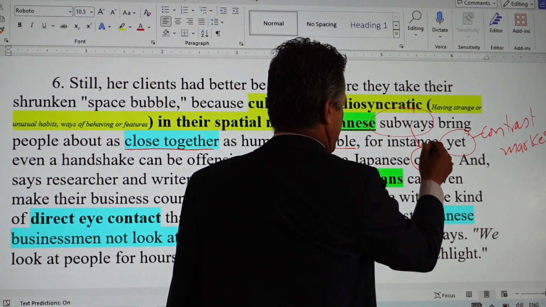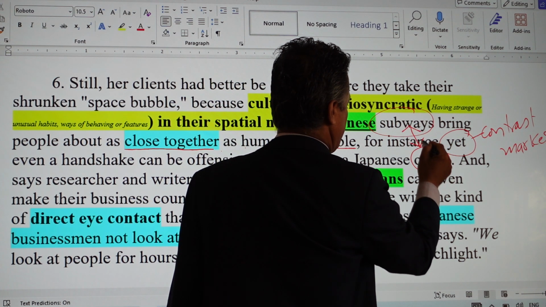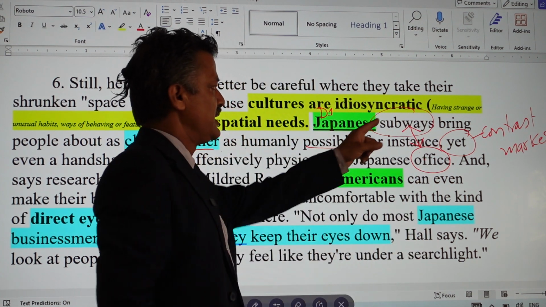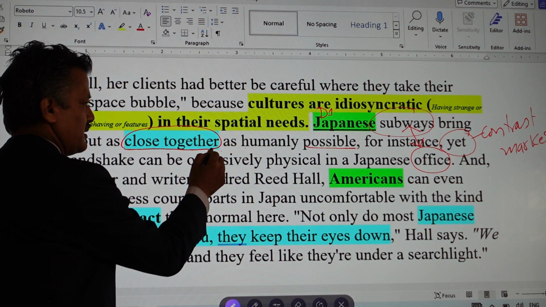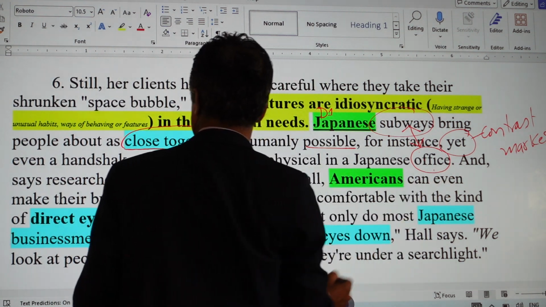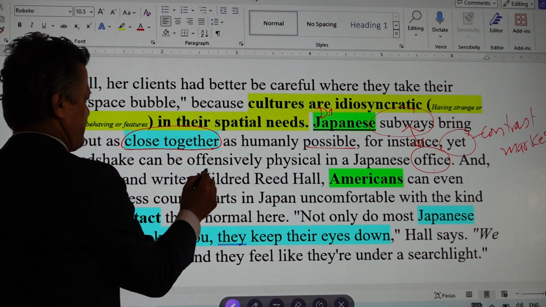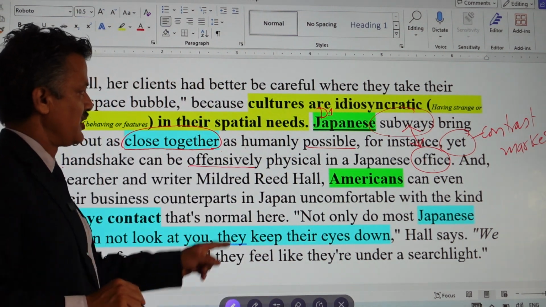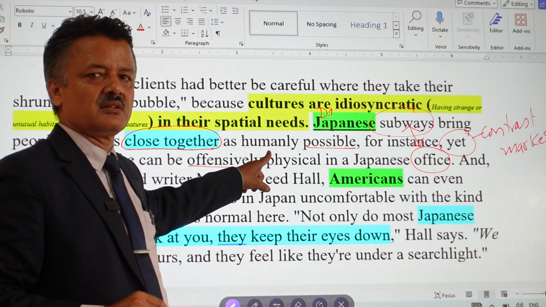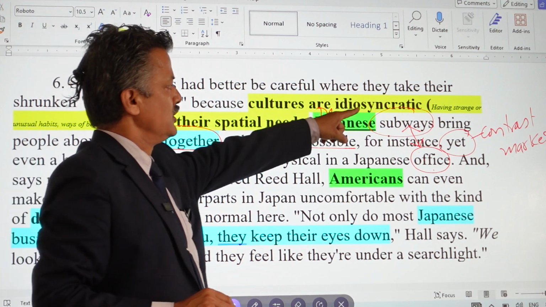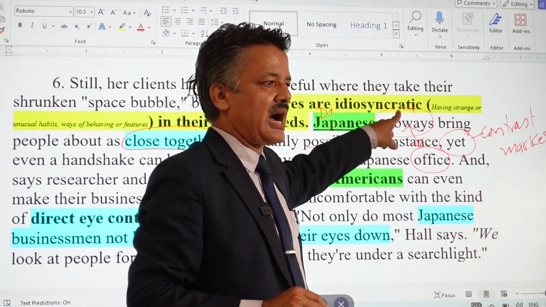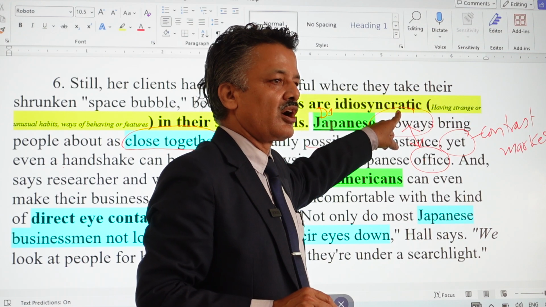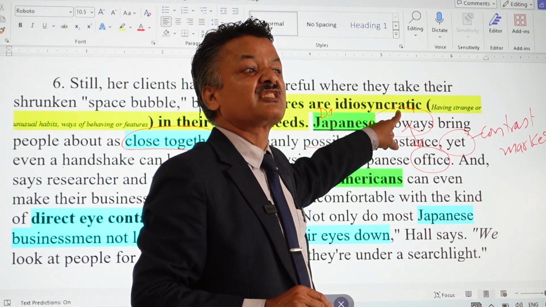Look here. Behavior in the subway, behavior in the office is opposite. In the subway, they can come close together. In the office, even a handshake can be offensive. Now this sentence, number 2, supports the idea that cultures are crazy. Cultures are unpredictable.